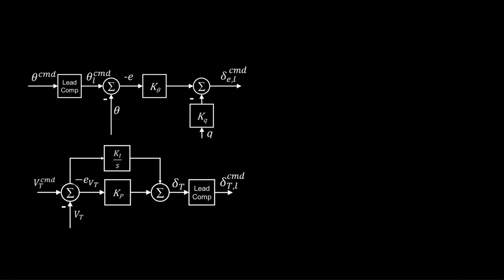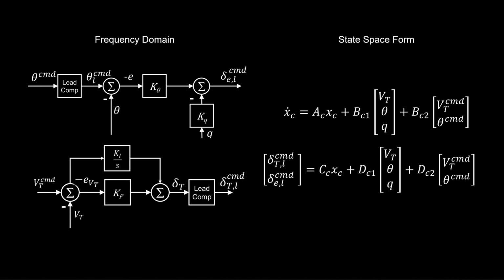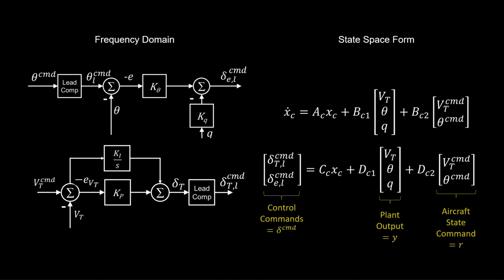We have then the control in the frequency domain and, as an LTI system, them combined in the time domain, where R is the aircraft state command, Y is the plant output or controller input, and delta command is the control effect command going in to the aircraft control actuation systems.